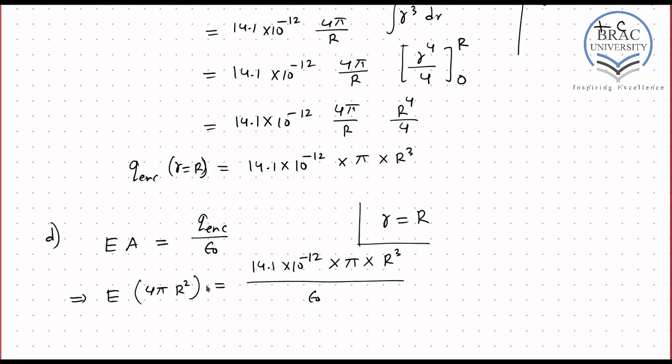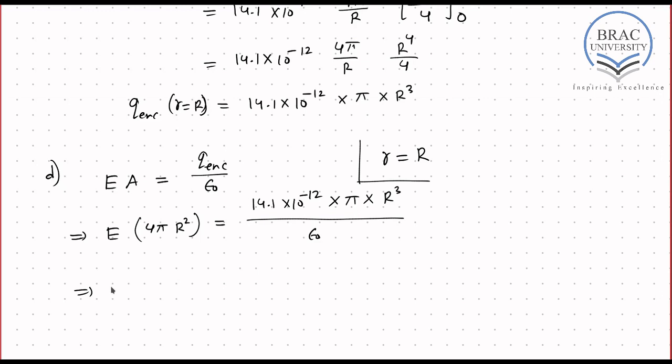Notice that R squared and R cubed leave us with just R. So E equals 14.1 times 10 to the power minus 12 times R divided by 4 epsilon naught, as pi cancels out. That's the expression; you just put in the value of R and find the electric field.